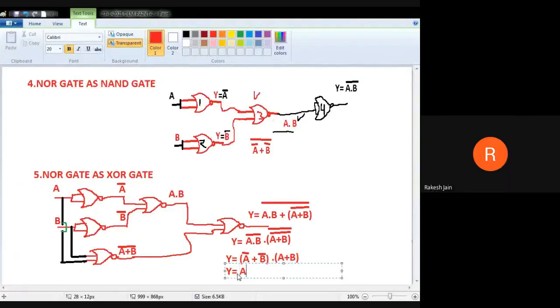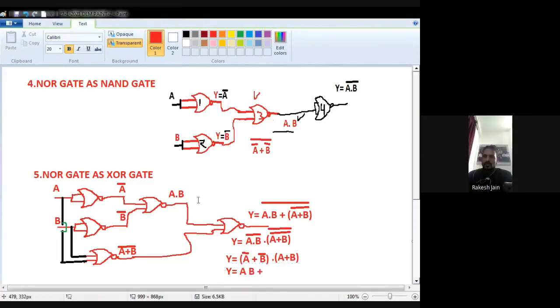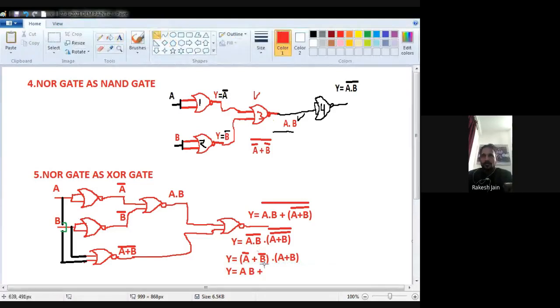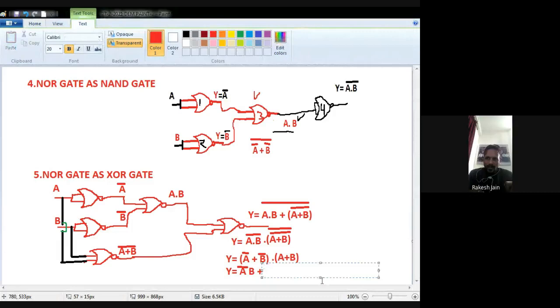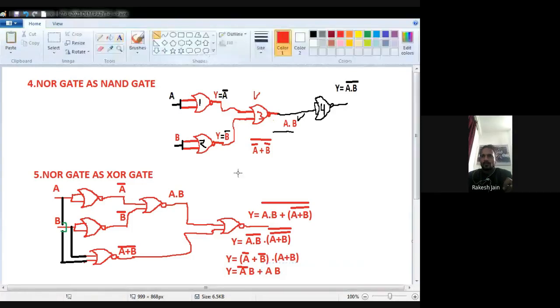Now A bar B, the A bar will be multiplied with B, so I write down first A bar B, then plus B bar multiplied by A, so we can say B bar A or we can say A B bar, both are same. Then B bar multiplied with B, so that is 0.